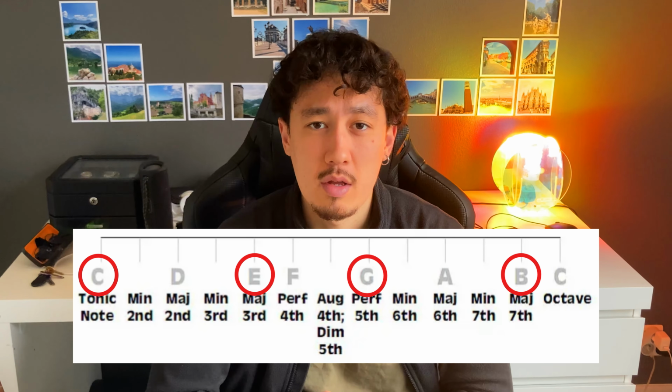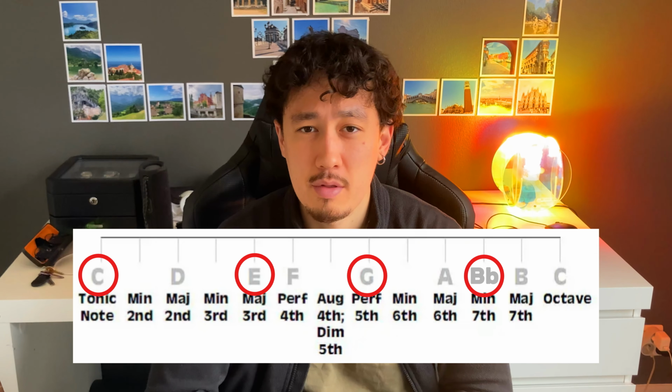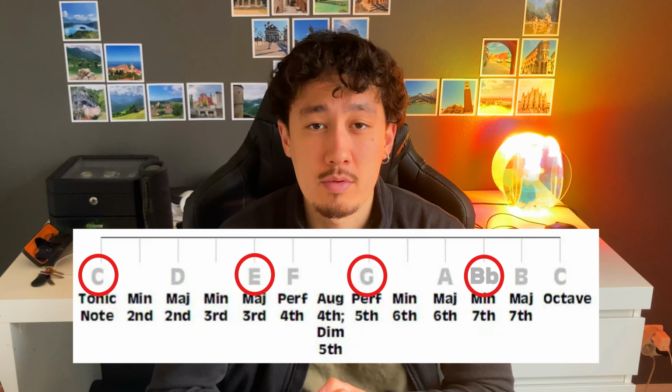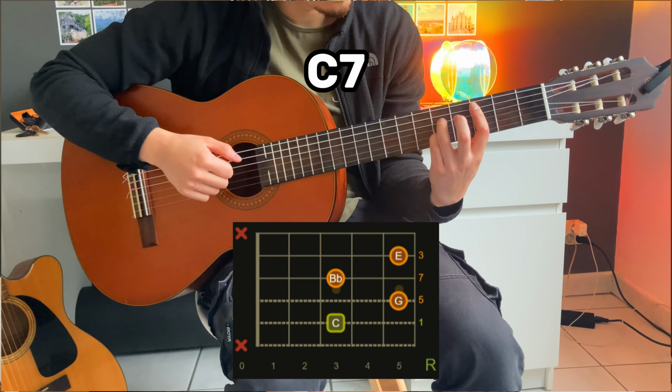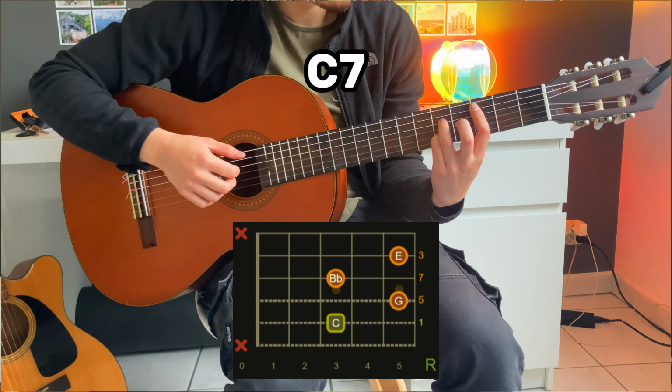Now, if instead of using a major 7th note, we use a minor 7th note, we have a sequence of intervals that are 1, 3, 5, and flat 7, and this is called a dominant chord, written simply 7. And so if we pick our C chord again and play a dominant C, then we have to simply go up 2 frets from the octave.